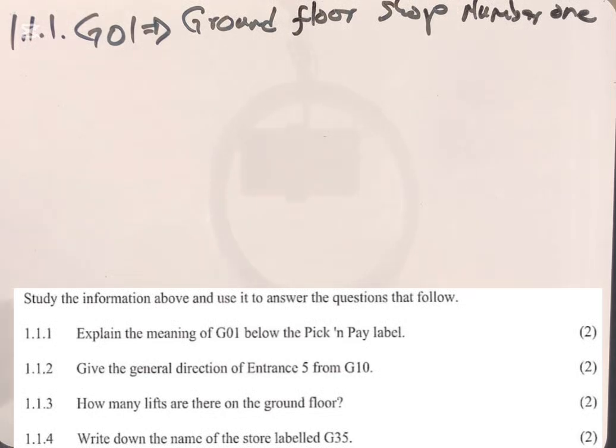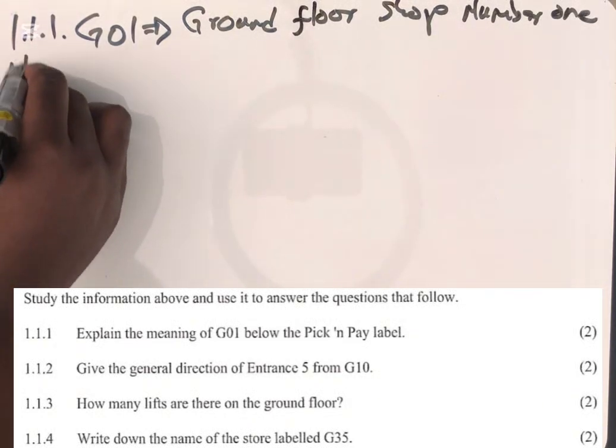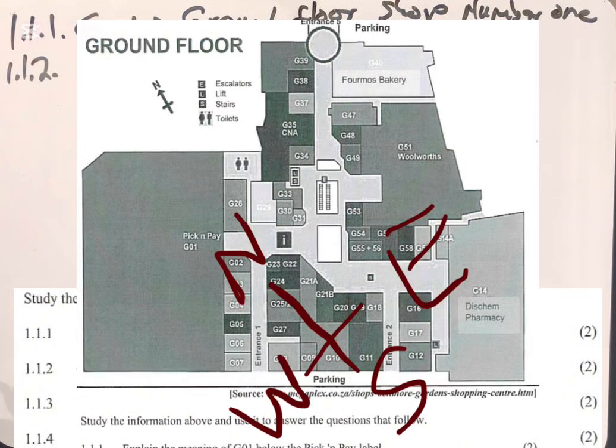Moving to the next question, 1.1.2. Give the general direction of entrance 5 from G10. So what happened? We go to G10, draw our compass direction at G10.